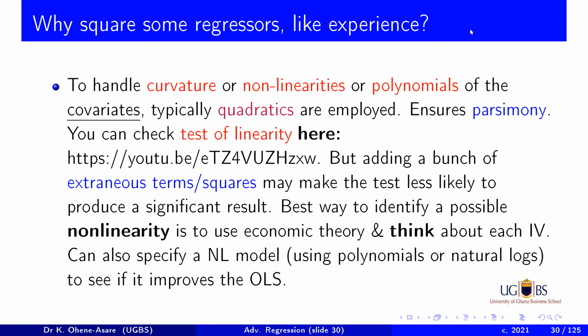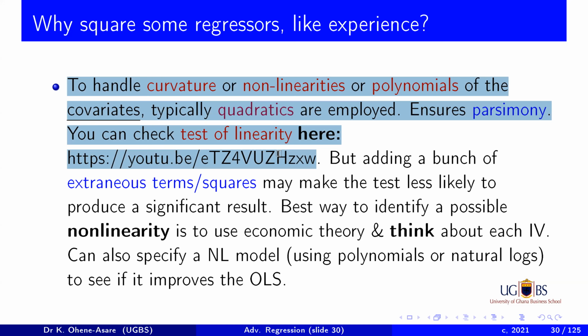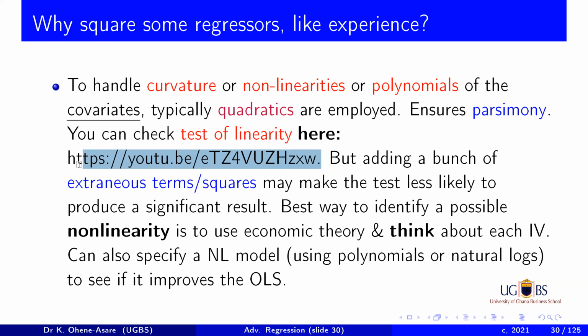Of course, you have to believe it based on the literature. When you believe that some variables rise and at some point they fall, then for such variables you have to take their squares in addition to incorporating the variables themselves. And you can test for whether a variable is exhibiting linearity or not. You can use that link to check whether a particular variable is linear.